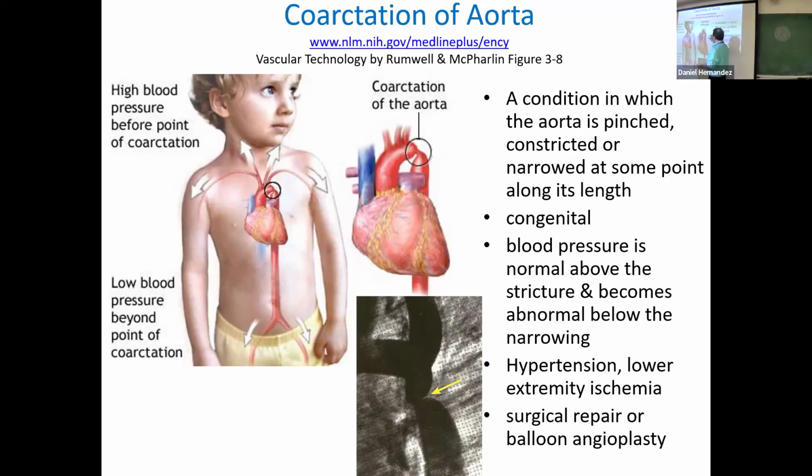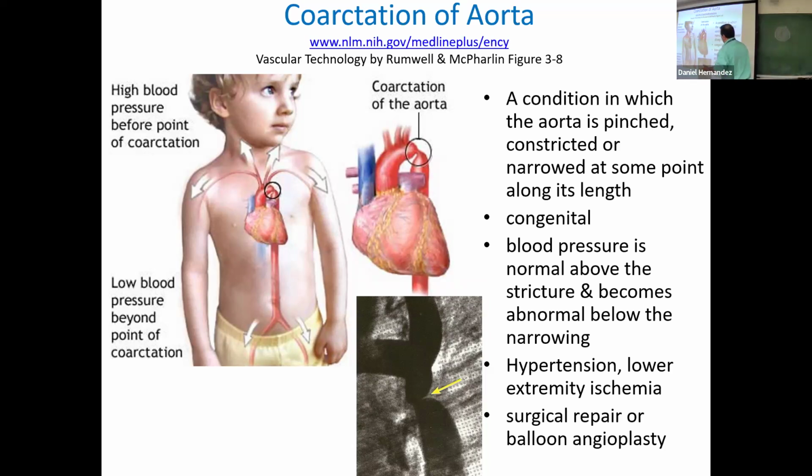So the most common location where we see coarctation of the aorta is going to be in the isthmus of the aorta, so just past the level of the left subclavian. So it's in that aortic arch or descending thoracic aorta, just distal to where the left subclavian branches off.